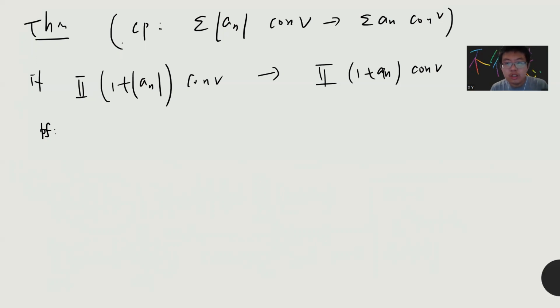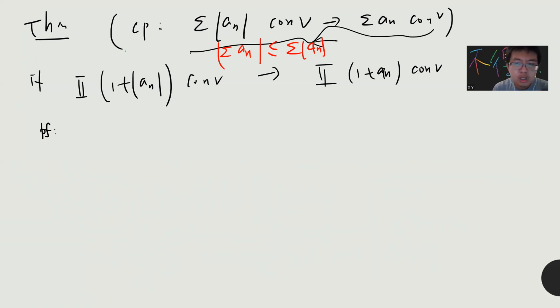How do you prove it? For sums this proof is trivial, because the summation of an is already bounded by the summation of the absolute values of an. But in this product form, we need to think a little bit.